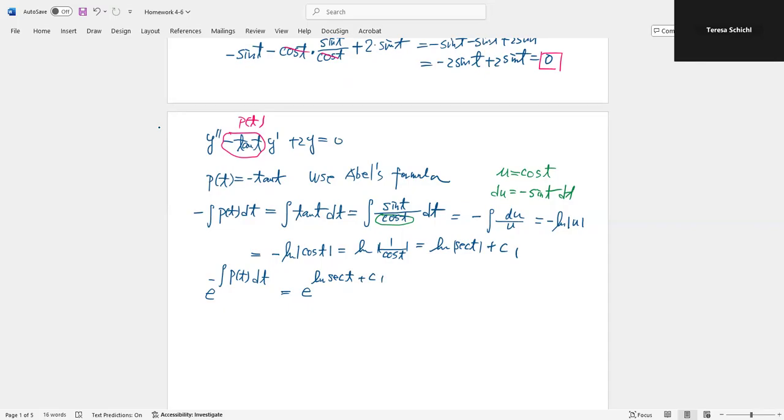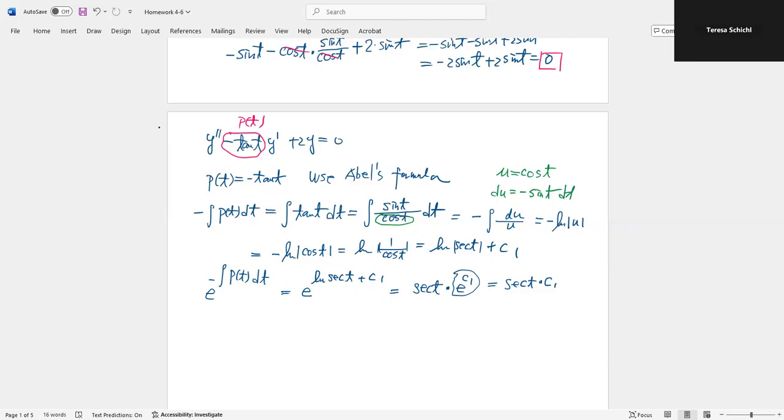So what will this be equal to? It's going to be equal to secant t times e to the c1. I can call that just another constant, right? So I can say this is secant t times another constant c1 here.